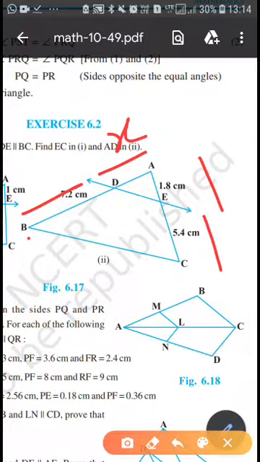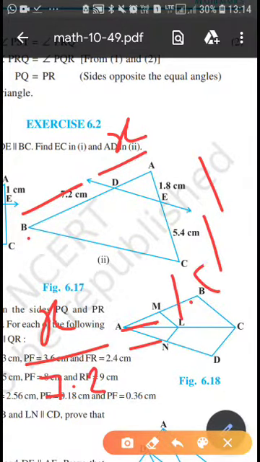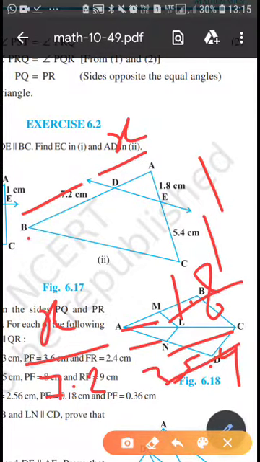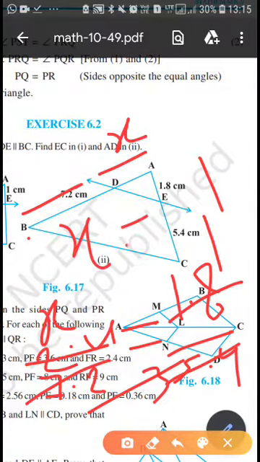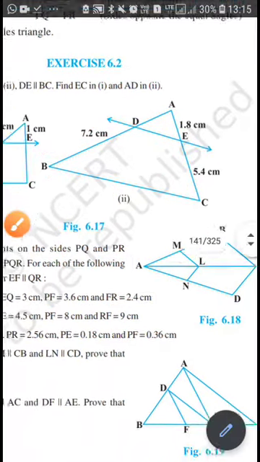Then according to Thales theorem, x by 7.2 is equal to 1.8 by 5.4. After solving this, you get the answer. This will cancel out 3 times. The value of x is 2.4. Solve this and you will get the answer.